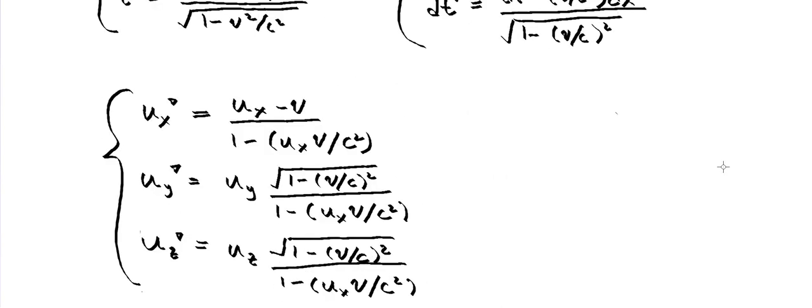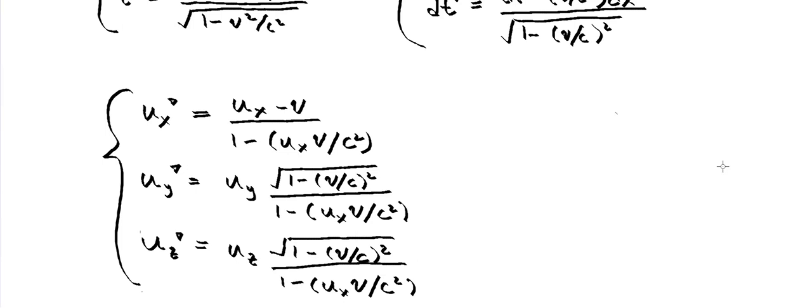And so what we get this time is that ux prime is numerator ux minus v over denominator 1 minus quantity ux times v divided by c squared, where remember, the relative velocity is assumed to be along the x-axis, and that's true for all of these.